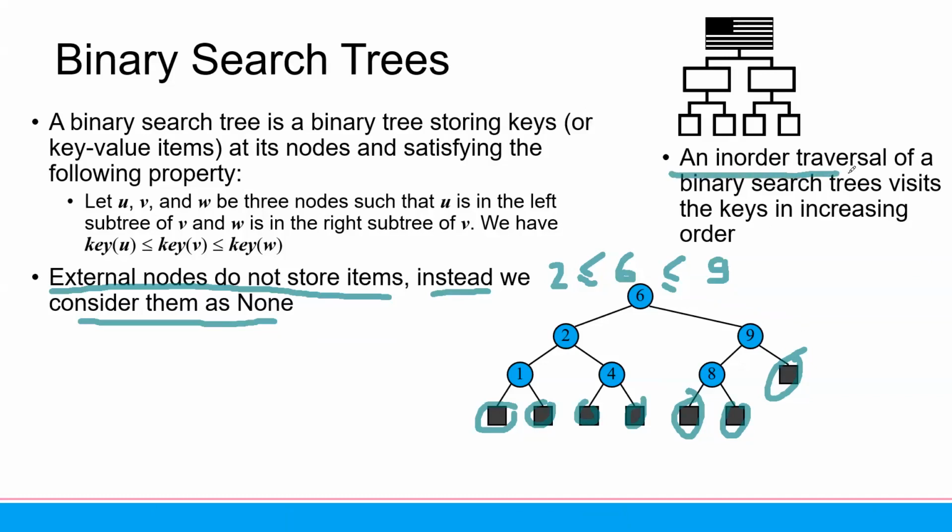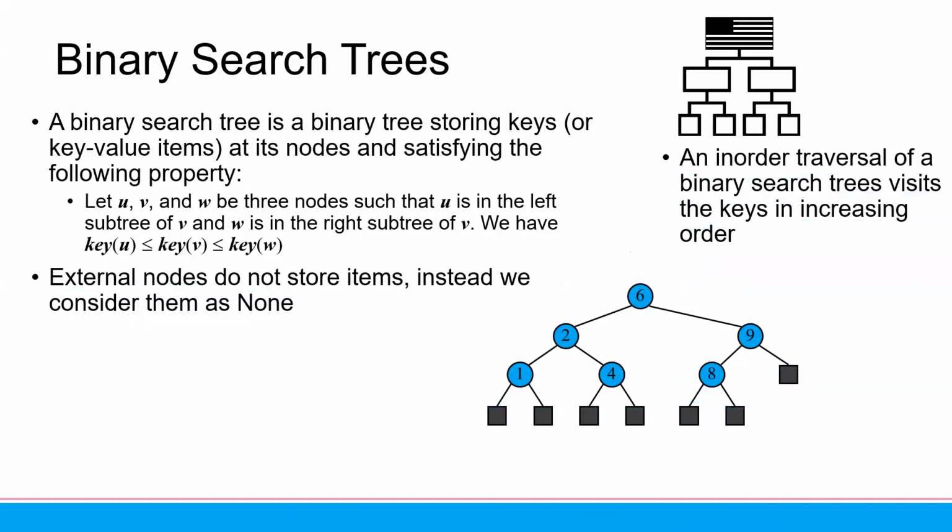In an in-order traversal of a binary search tree, it visits the keys in increasing order. So if you still remember, we have pre-order traversal and post-order traversal. Those two are used for traversing a common tree.